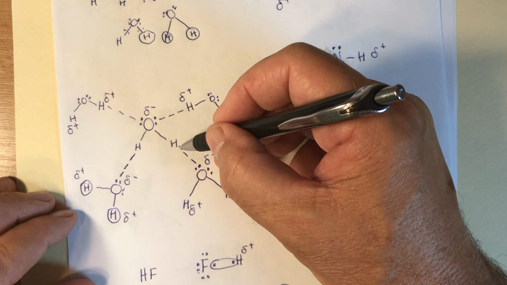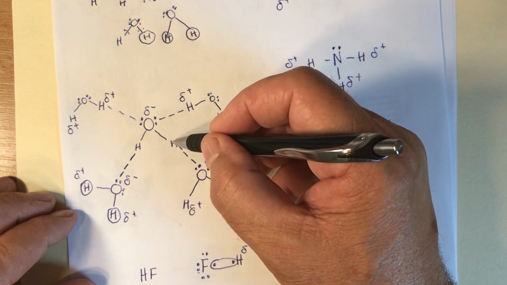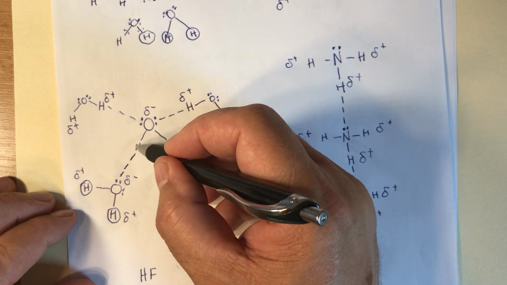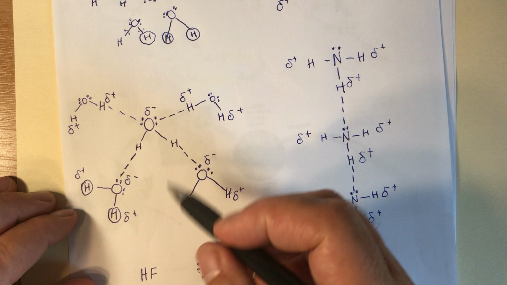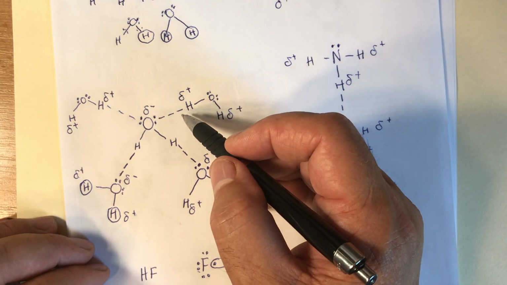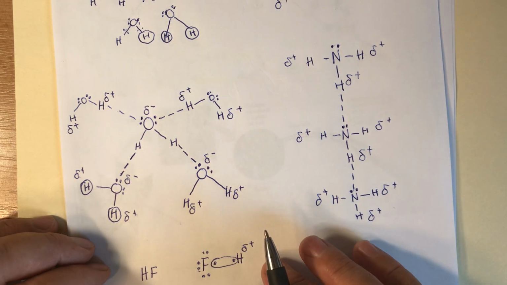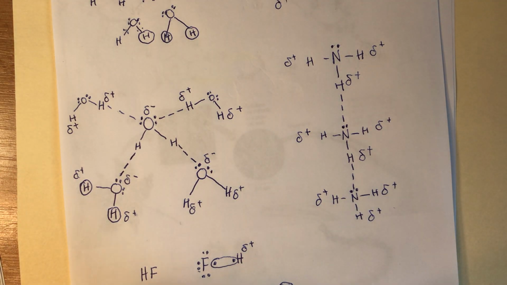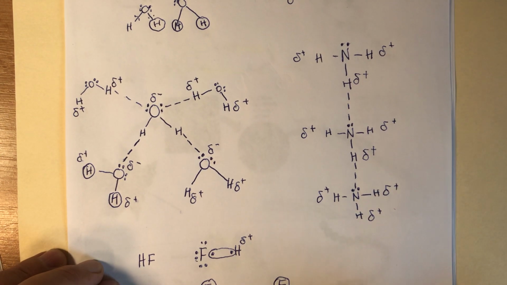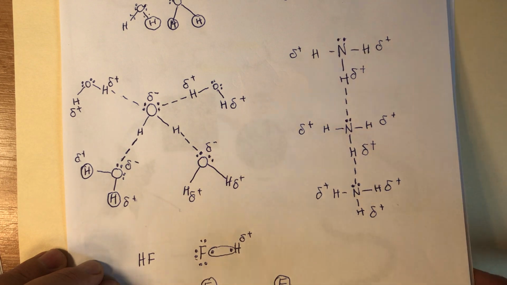And 2 more hydrogen bonds are formed through the positively charged hydrogens. So one water molecule forms 4 hydrogen bonds, usually in ice. In water, the hydrogen bonds are formed, broken, and reformed again, but in ice, the water molecules form 4 hydrogen bonds.